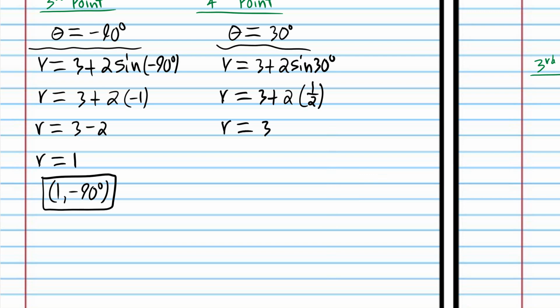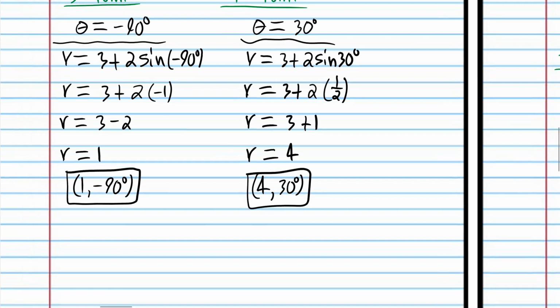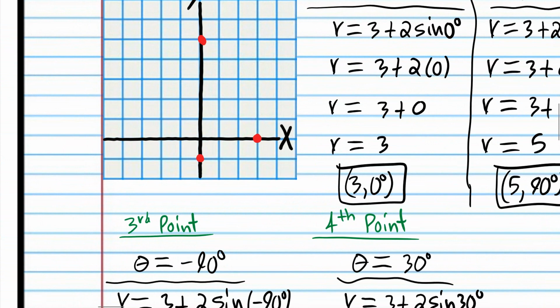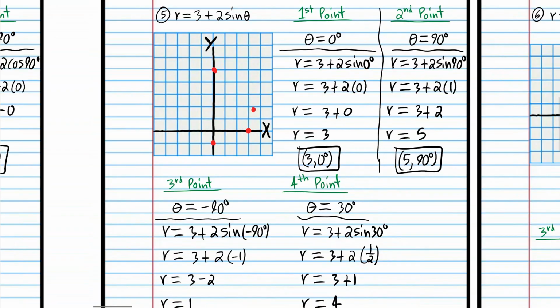So r is equal to 3 plus 1, which is 4. 4 comma 30 degrees is our point. So we're going to count out 4 units. 1, 2, 3, 4, and then rotate 30 degrees, which would get us to about there. Roughly. It doesn't have to be perfectly plotted.